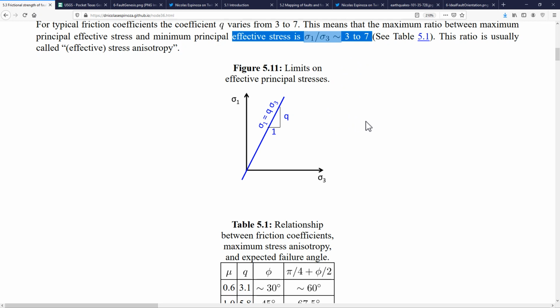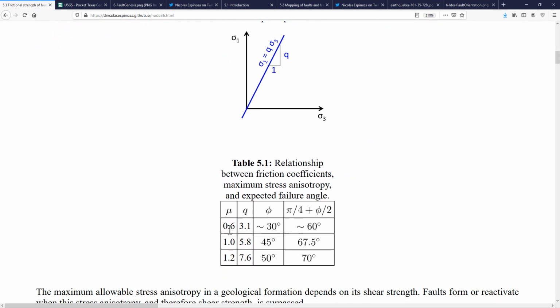And that means that in solid materials, which are already broken into pieces and they have these discontinuities, the maximum stress anisotropy depends on the shear strength of the material and therefore on the friction coefficient, and the maximum is about 3 to 7. And this is very important because this is going to set a limit on the maximum stress anisotropy that I can have also on the Earth's surface.